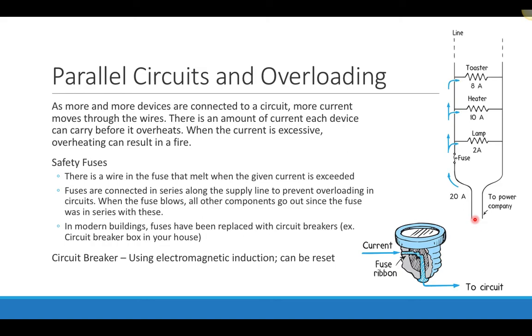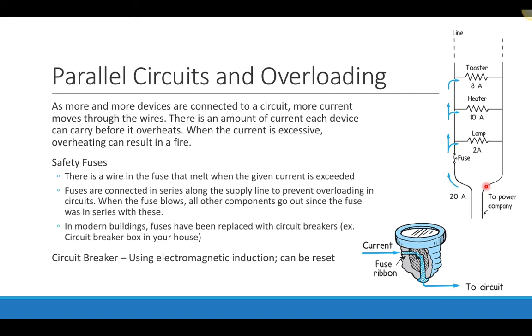So maybe I have a 20 amp circuit breaker in my house. It does not allow more than 20 amps to be drawn to that particular section of the house. If I connected something else to that line, it would cause the circuit breaker to flip, and I'd have to turn off some things and go back and flip the switch.